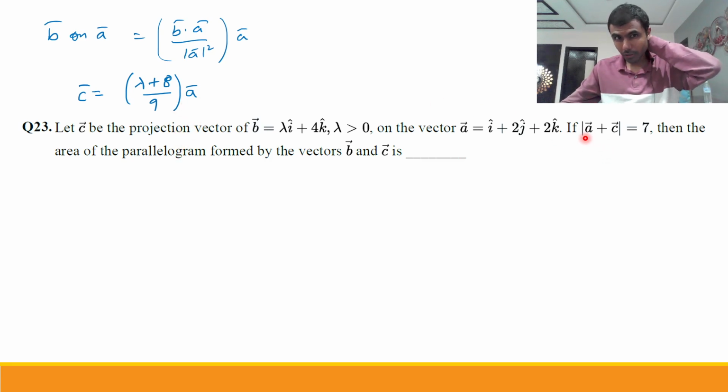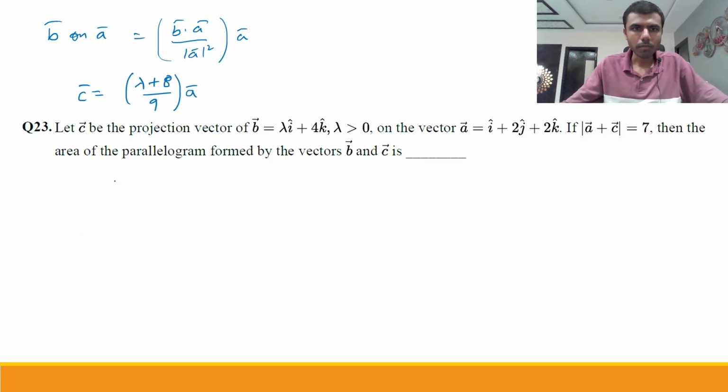Okay, now what they have given, the magnitude of A bar plus C bar is 7, right? It's pretty simple, guys. We know C bar, right? Write C bar in terms of that. A bar plus lambda plus 8 by 9 times A bar is equal to 7.